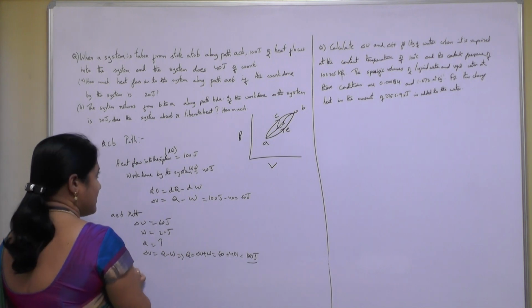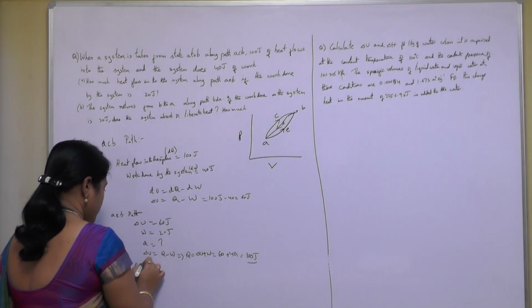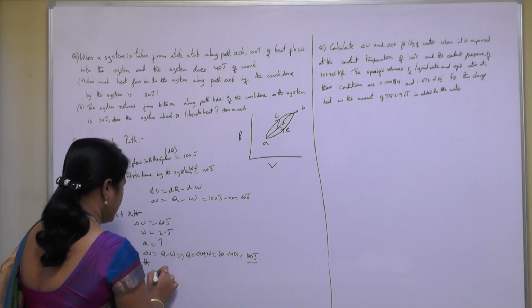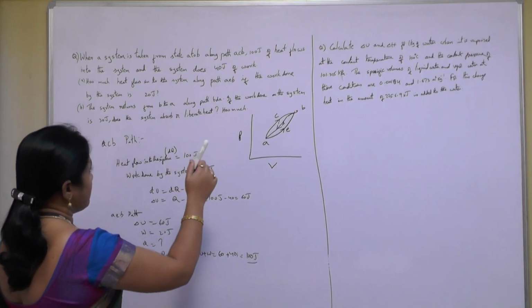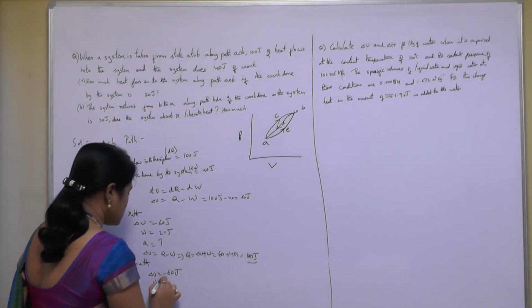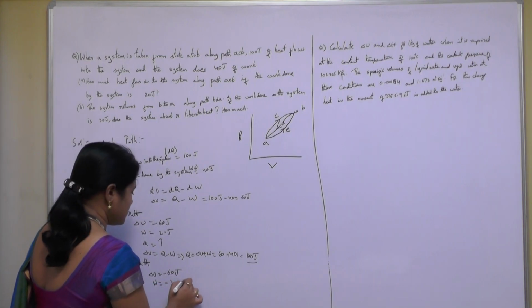So for path BDA, delta U is minus 60 joules, and the work done on the system is 30 joules. Work done on the system means a negative sign, that is minus 30 joules.